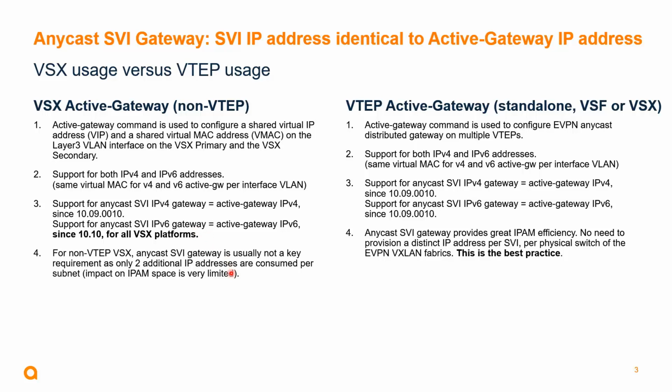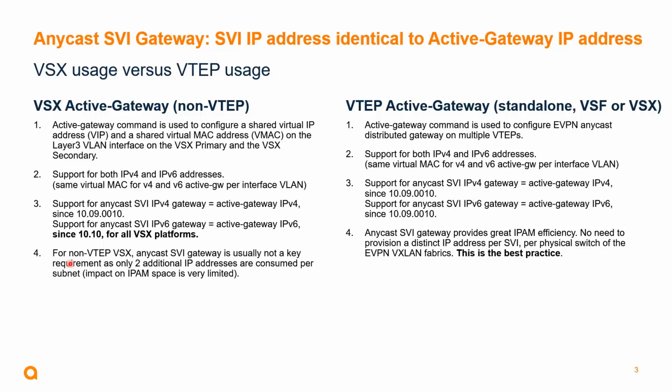For best practice, on the right side, the Anycast SVI gateway that we have on VTEP really offers great IP address management efficiency. There is no need to provision a distinct IP address per SVI on each physical switch in the global EVPN VXLAN fabric. So this is really the best practice, to have a unique IP address identical to the SVI, the Anycast SVI gateway.